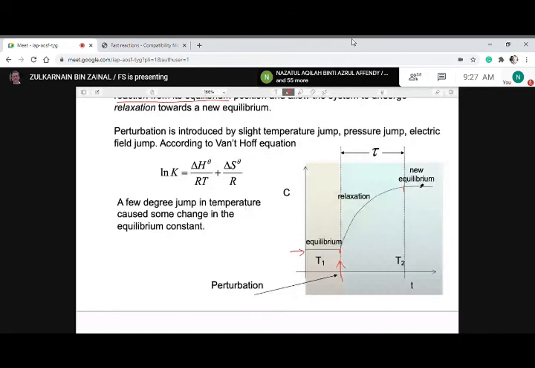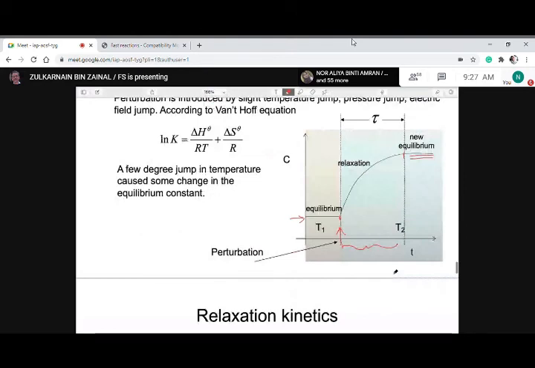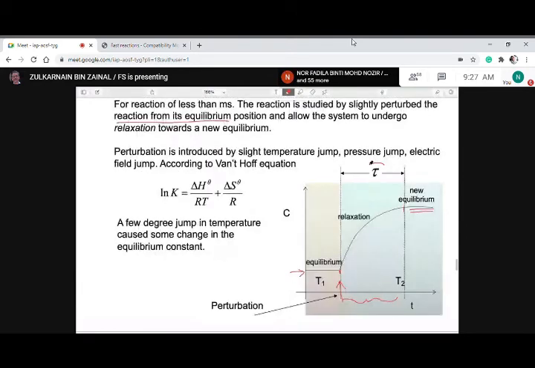So what we can do is analyze this relaxation time and get the value of tau, where tau is the value of the relaxation time.